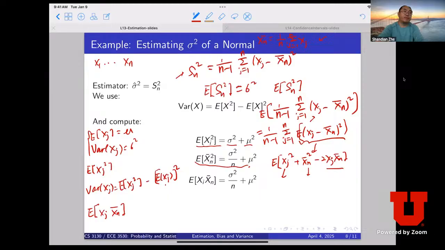Yeah. So we look into the full form of the sample mean. You just substitute, and let's check what is going on.